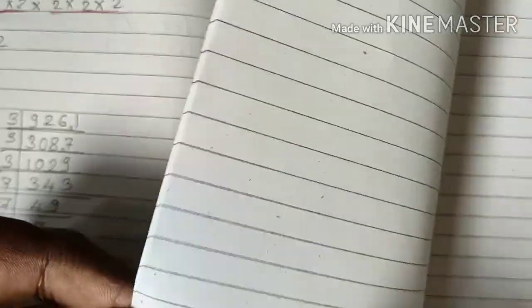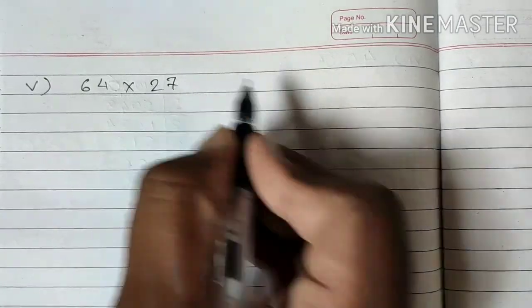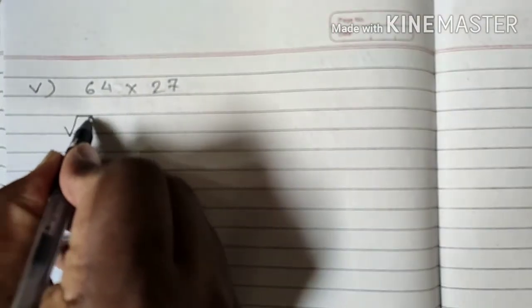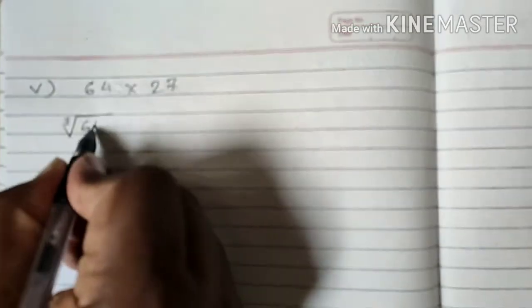Another example, the fifth we are solving: 64 multiplied by 27. We want to find out the cube root of these numbers. So let us write the given numbers in the cube root.